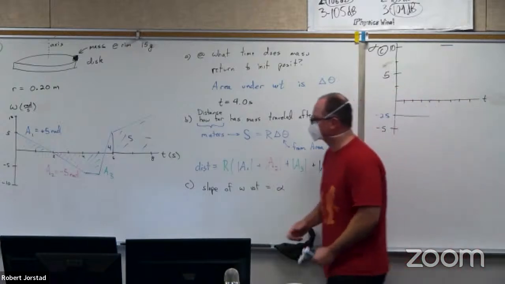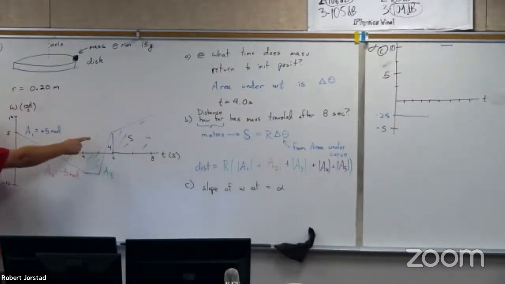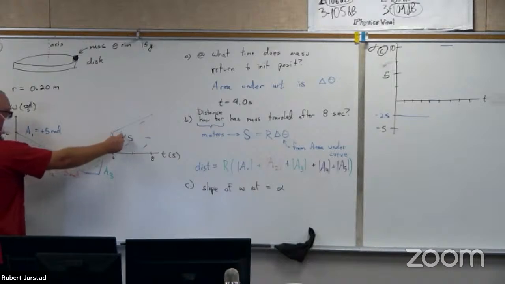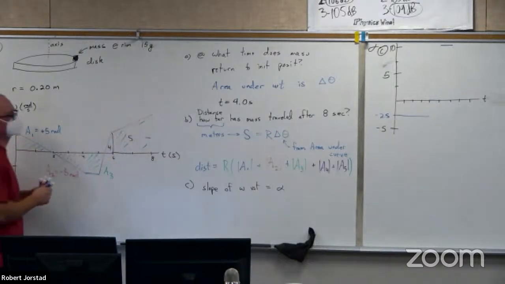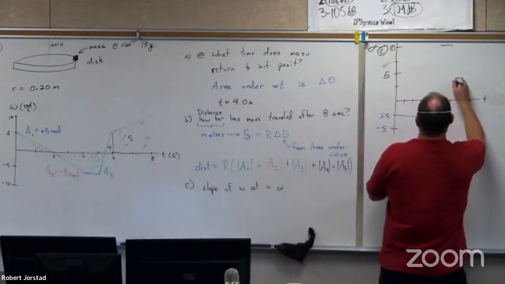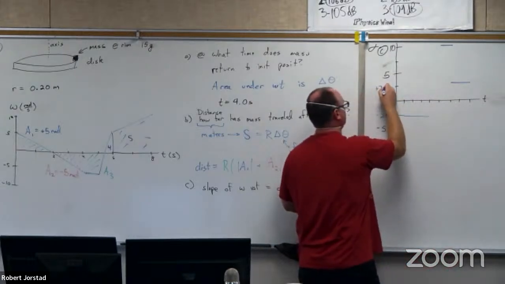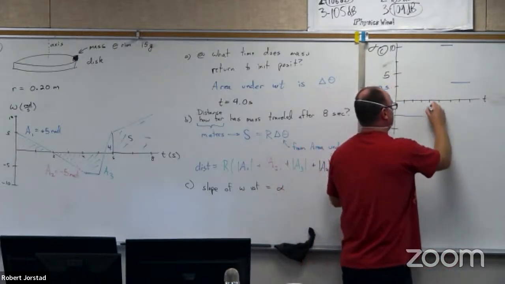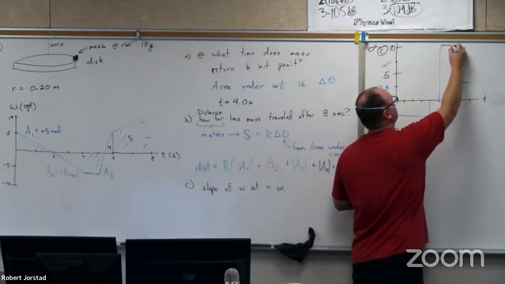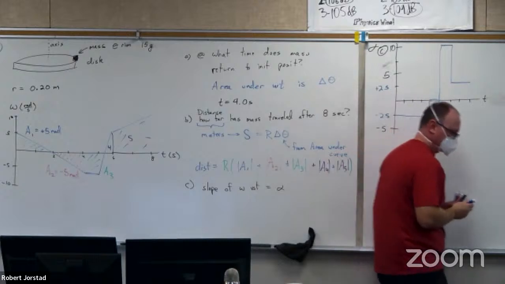Okay. And then the last one, it looks like it goes to what? Positive 2.5 again. Goes up 5 in 2 seconds. Something like that. So it would look something like that, right?